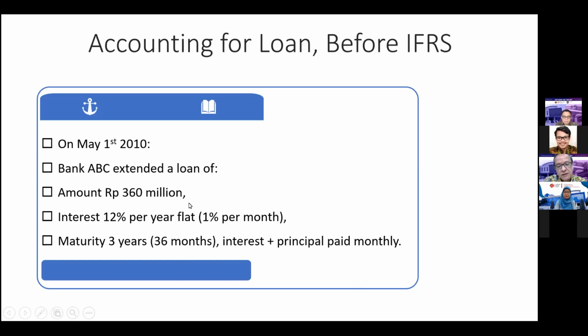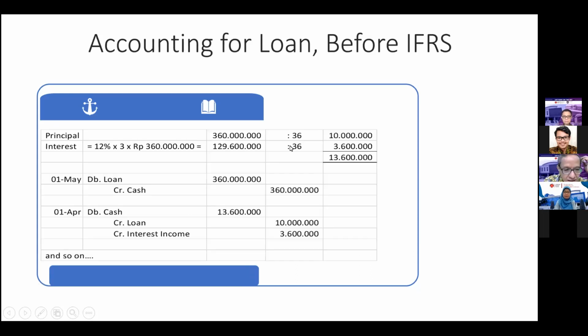This was accepted by all banking sectors, and the central bank also accepted this presentation. The journal entry when they give the loan is debit loan, credit cash.